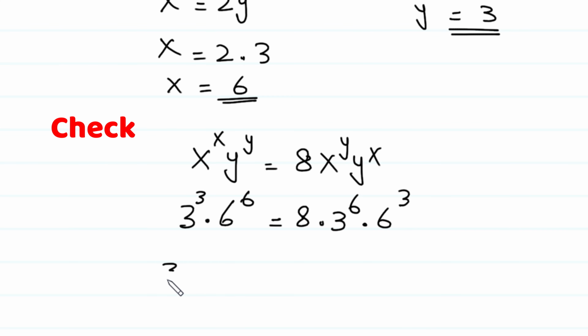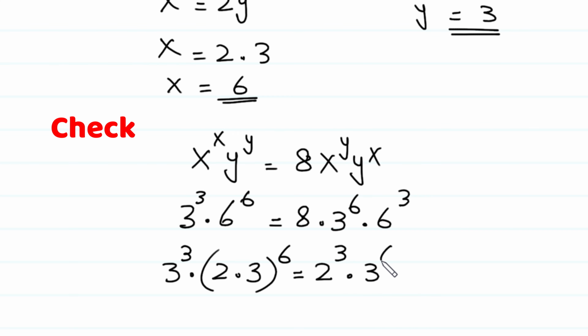Next, 3 to the power 3 times this 6 can be written as 2 times 3 to the whole power 6 is equal to this 8 can be written as 2 to the power 3 times 3 to the power 6 times, and this 6 can be written as 2 times 3 to the whole power this power 3.